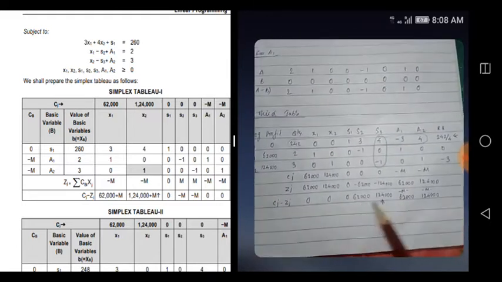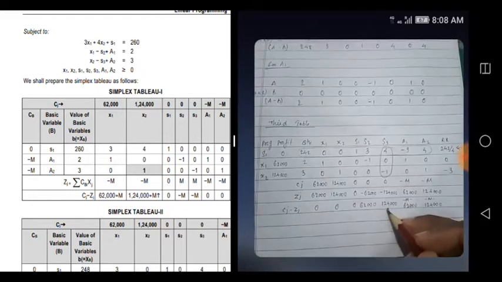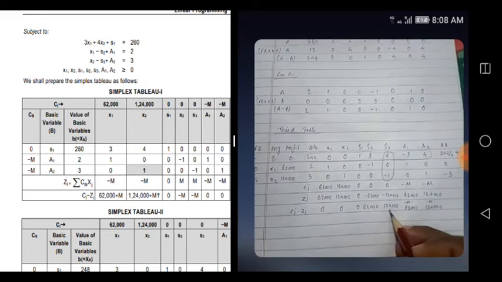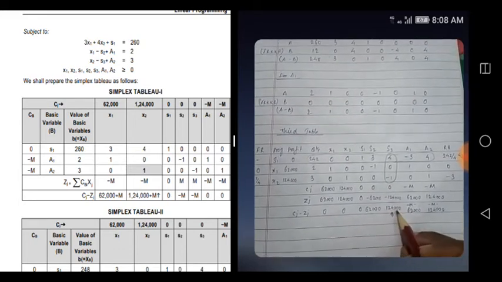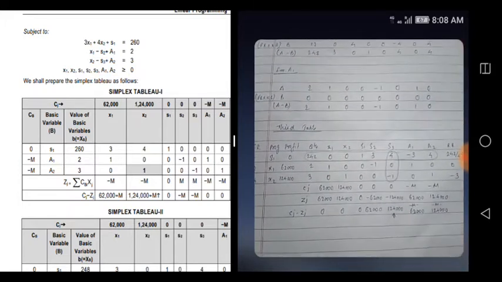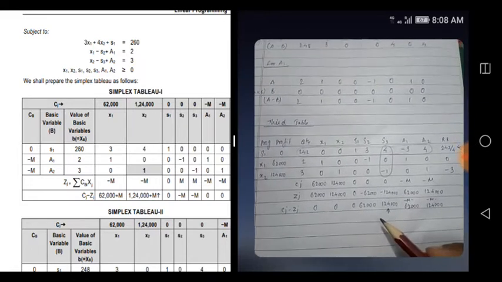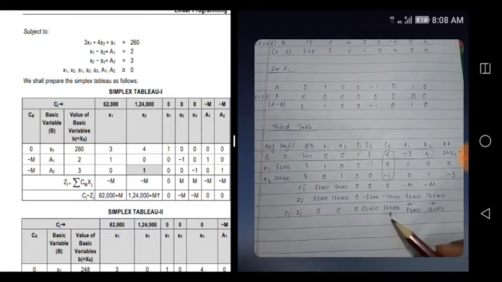Okay, now you see whether anything is still positive. Yeah, still positive is there. Okay, so what it is suggesting, the highest number. I didn't tell you why we are always selecting the highest number, because if you select this one, you can increase your profit by this much. That's why obviously we would like to increase our profit by maximum. If we select S3, we can increase our profit by 1,24,000.